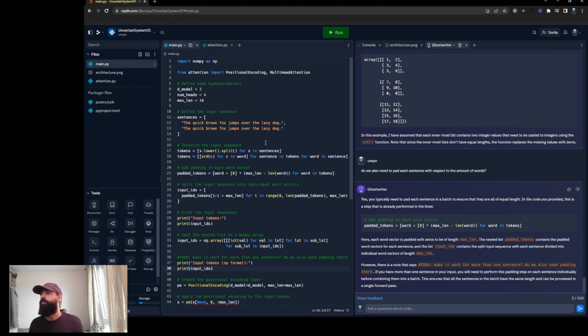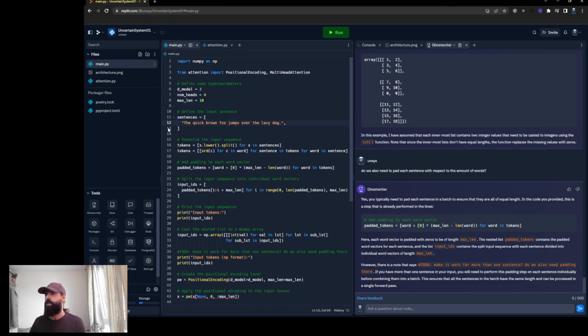But essentially, why are we doing multiple sentences? Can't we just do one sentence? I don't understand. Let's just stick to one sentence. The input sentence is one sentence. Why do we need multiple sentences? That makes no sense.